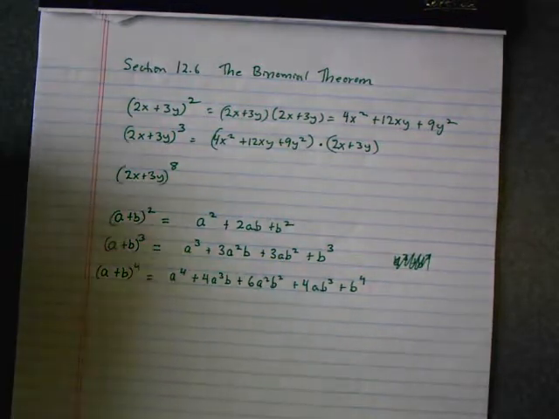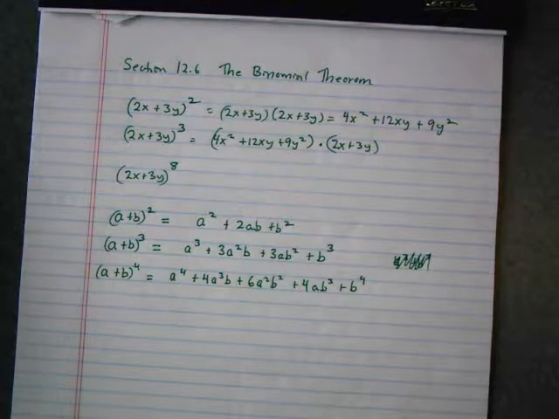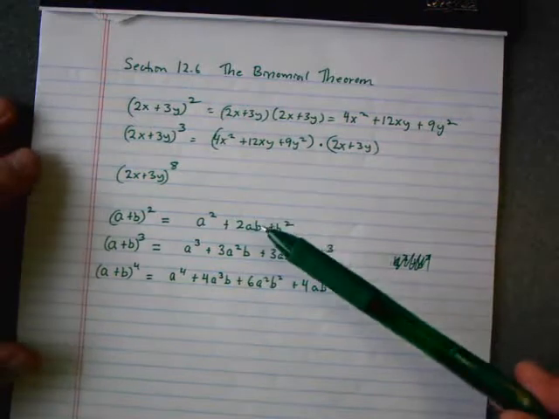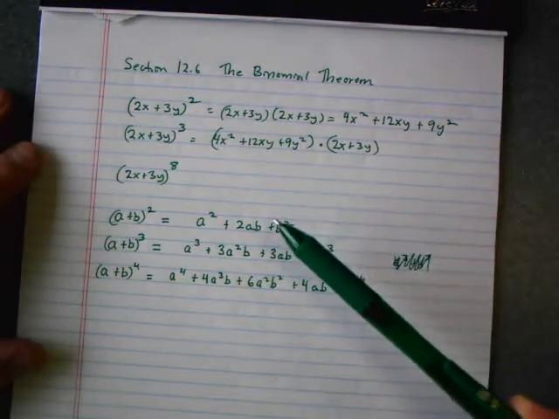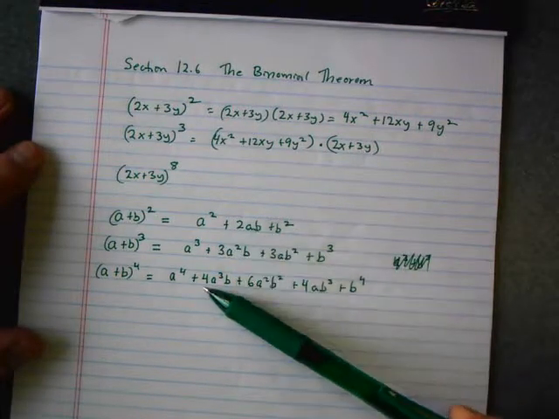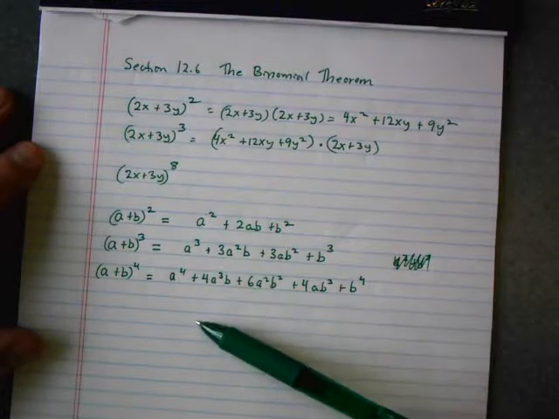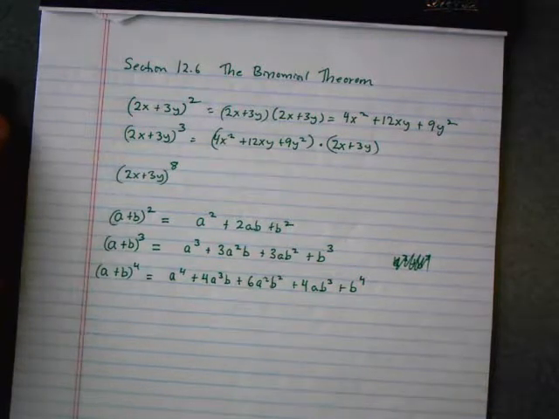What else do you notice? You're looking along here, you see a 2, a 3, and a 4. So the next one would be a 5. That's correct. It's a pyramid.